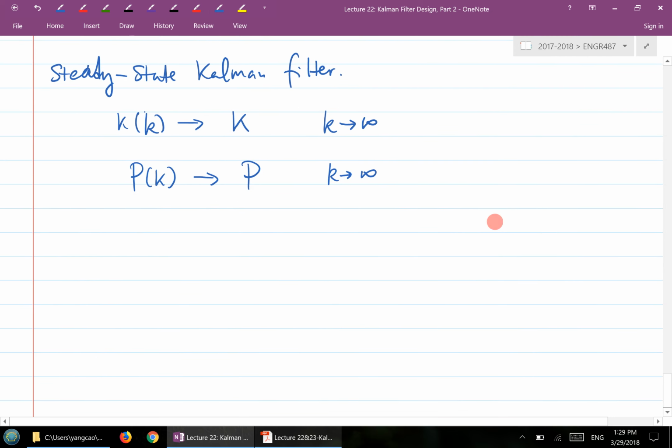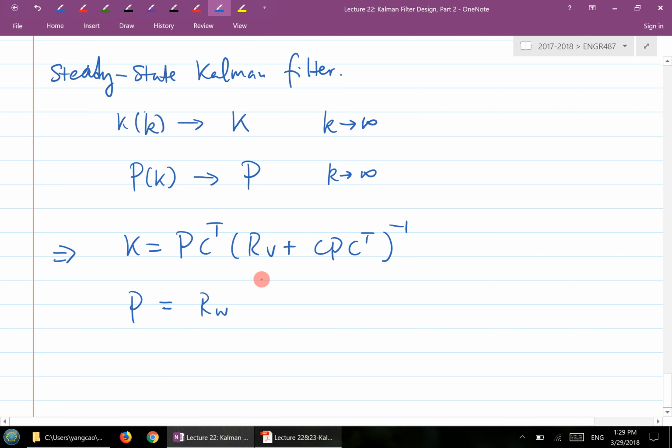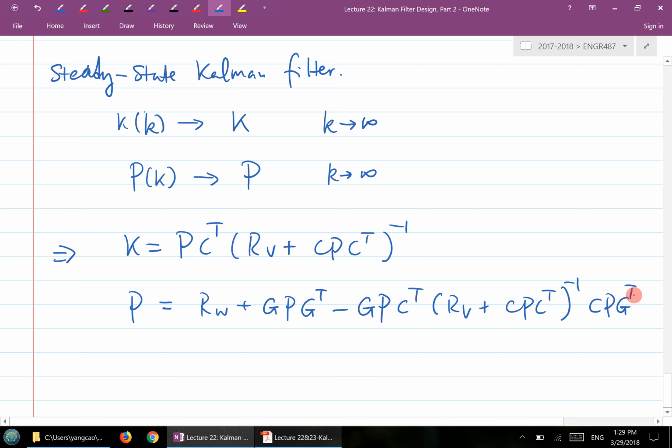So that'll give us the following two equations: K equal to P C transpose, R_V plus C P C transpose inverse, and P equal to R_W plus G P G transpose minus G P C transpose, R_V plus C P C transpose inverse, C P G transpose. A little bit longer expression.